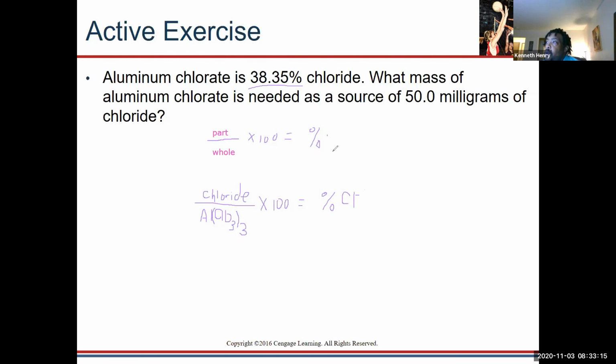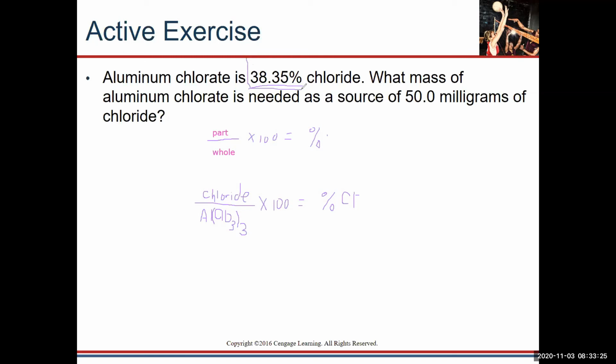Okay, so what do they tell us? That's the percentage of chloride in aluminum chlorate.